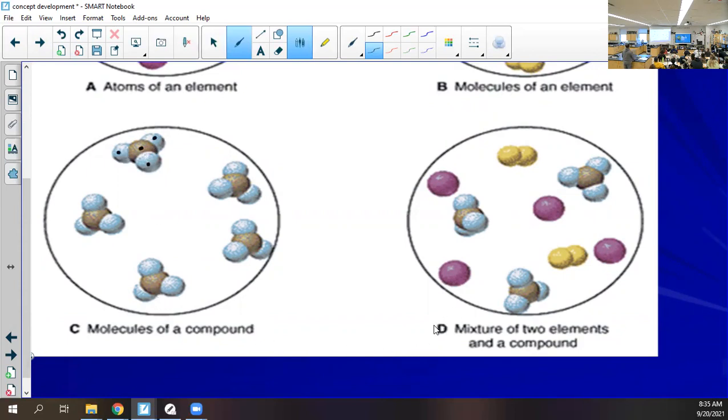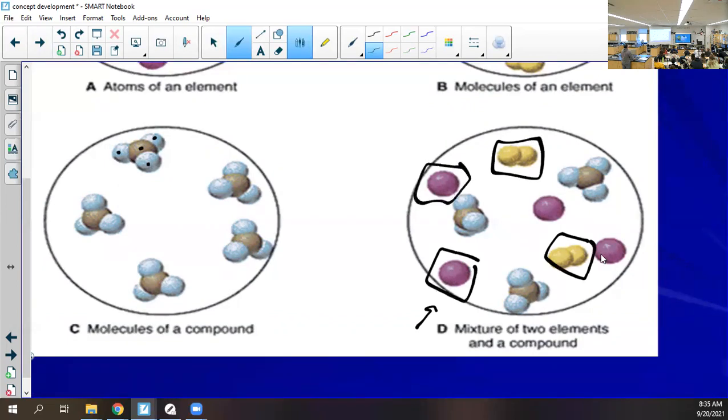And then over here, we would have a mixture of two elements and a compound. So we have the molecule of elements here, that'd be like oxygen. And then we have the monatomic atoms right here, right? And that'd be like, I don't know, whatever you want, just pieces of iron. And then we have like ammonia right here, these things right here. They have an N and three H's.